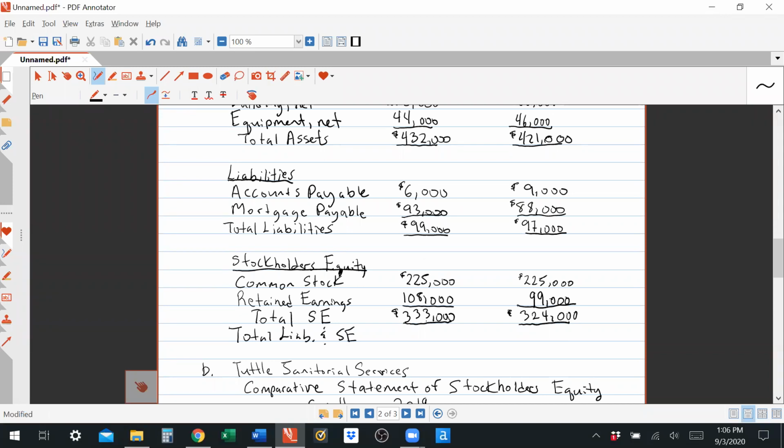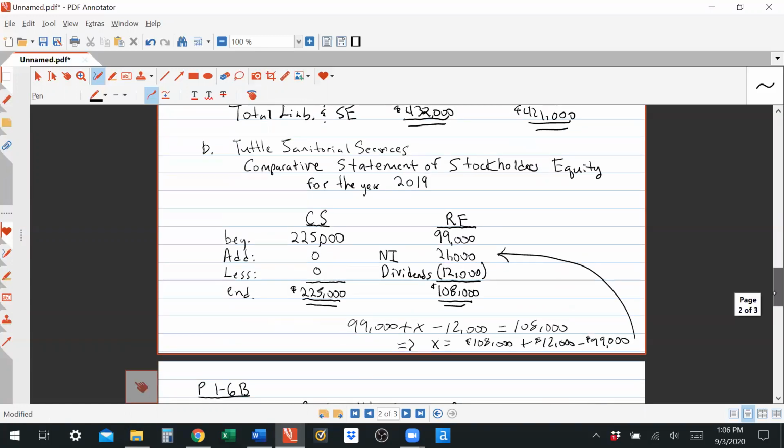So if we add the 99 and the 233, we would get the 432, which is the total assets. And if you add the 324 and the 97, you should get the 421, which was the total assets at the end of that year. I forgot to do that in part A of the previous problem, but you have to do that. You have to have a subtotal for the owner's equity, but then you have to have the subtotal of the liabilities and the owner's equity, just to show the accounting equation is holding.